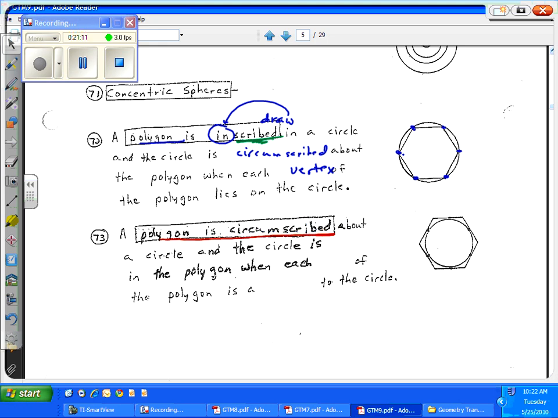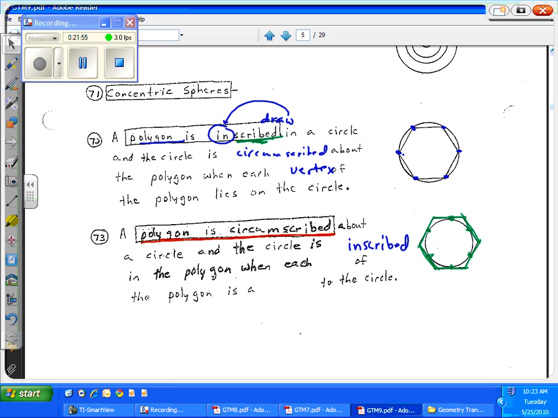We say that a polygon is circumscribed about a circle, and that the circle is inscribed in the polygon, if each side of the polygon is a tangent to the circle, meaning it lies in the plane of the circle, it intersects a circle in one point, and each of those points then would be a point of tangency.